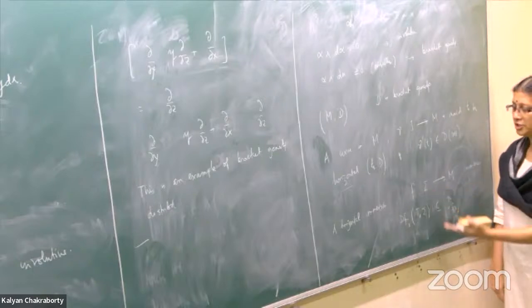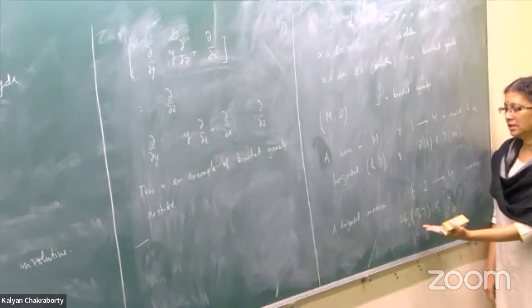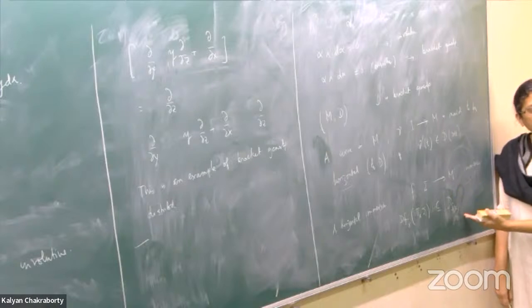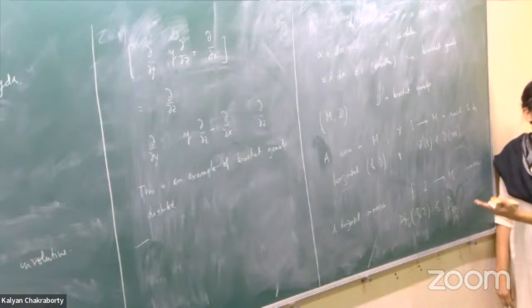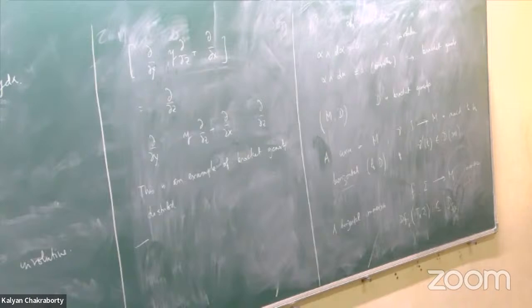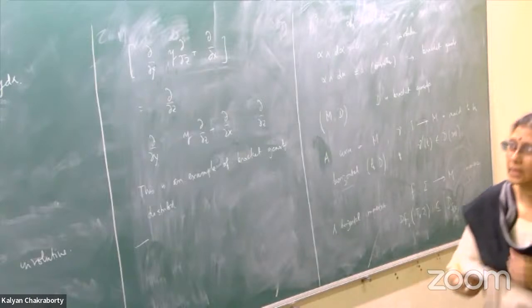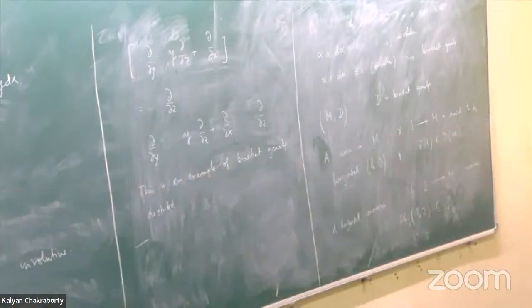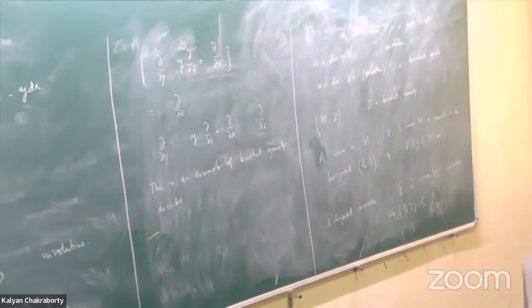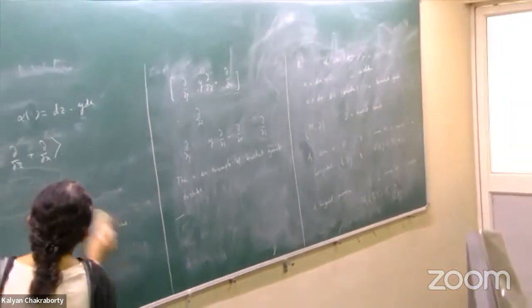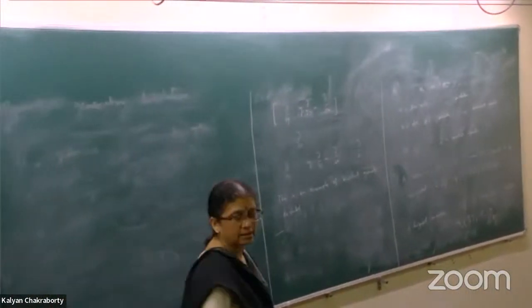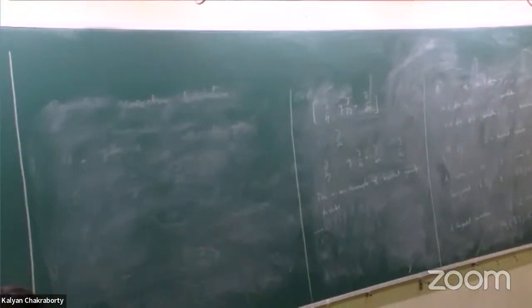If you have an immersion which takes the tangent space of sigma into the distribution D, then we say that it is a D-horizontal immersion. So these will be the admissible maps for us when we will be working on a manifold with a distribution. So why are these important?